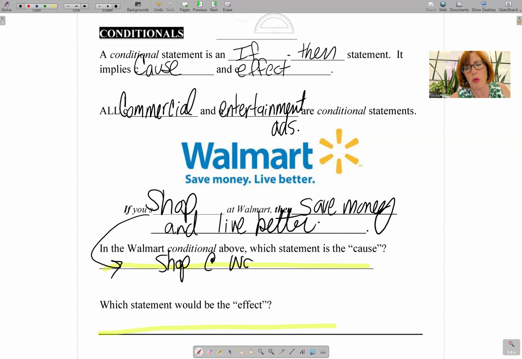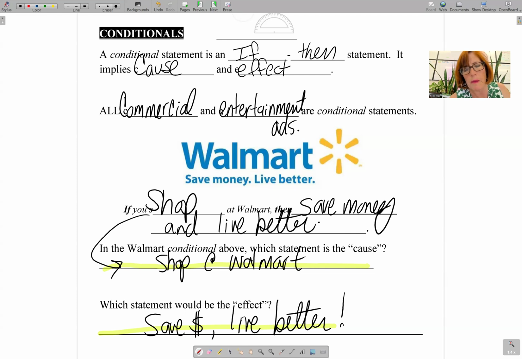What they're saying is, if you shop at Walmart, then you will save moolah and you will live better. That's the advertisement. All advertisements are essentially conditional.